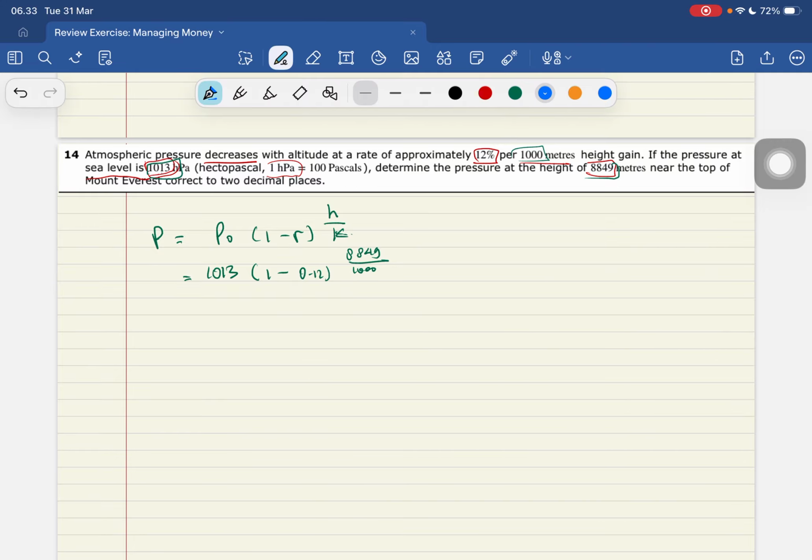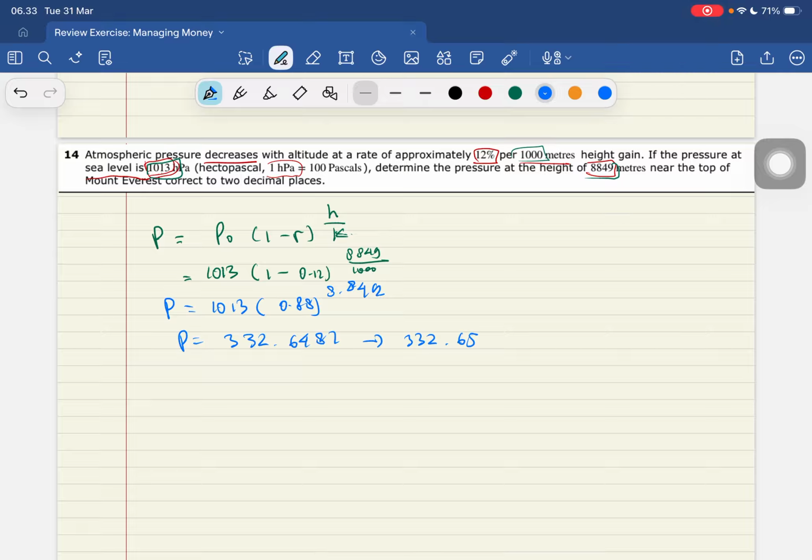Okay, we can continue. So P equals 1013 times 0.88 to the power of 8.849. So the P is going to be 332.6487, or we can round it to 332.65.